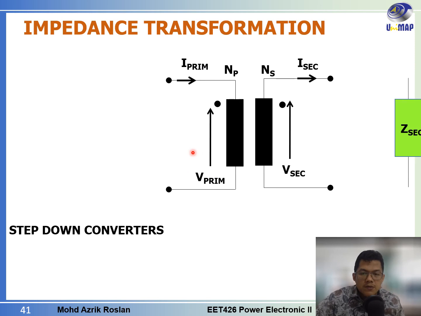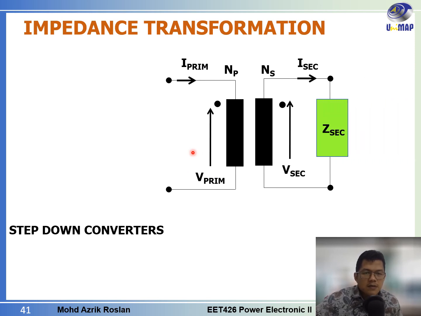Now we will look at how we can reflect or project the impedance from one side of the circuit to the other. Let's say this is the impedance at the primary side, which we call Z primary, including the inductive or resistive components. At the secondary side, this is the Z secondary.